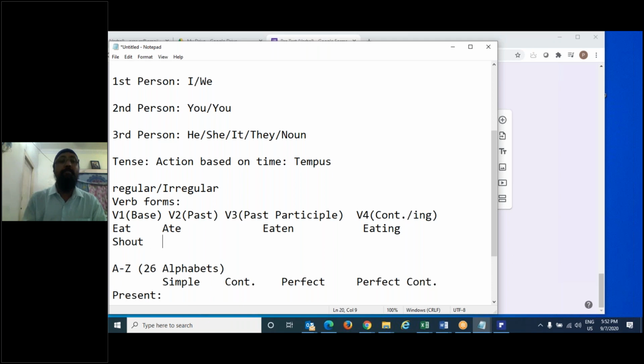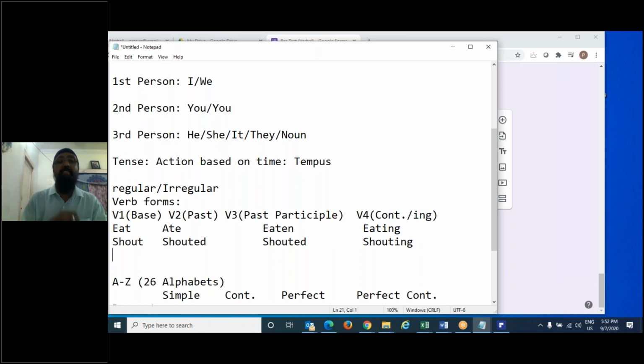When I want to put it in past form, we say shouted, and the past participle again is shouted, and the continuous form will refer to shouting. And if we take one more example as run: run, ran, run, and running.